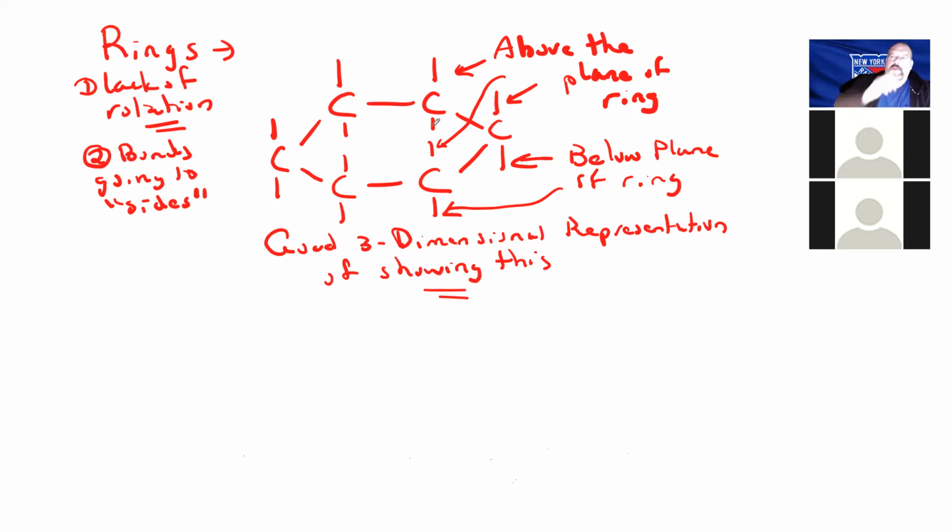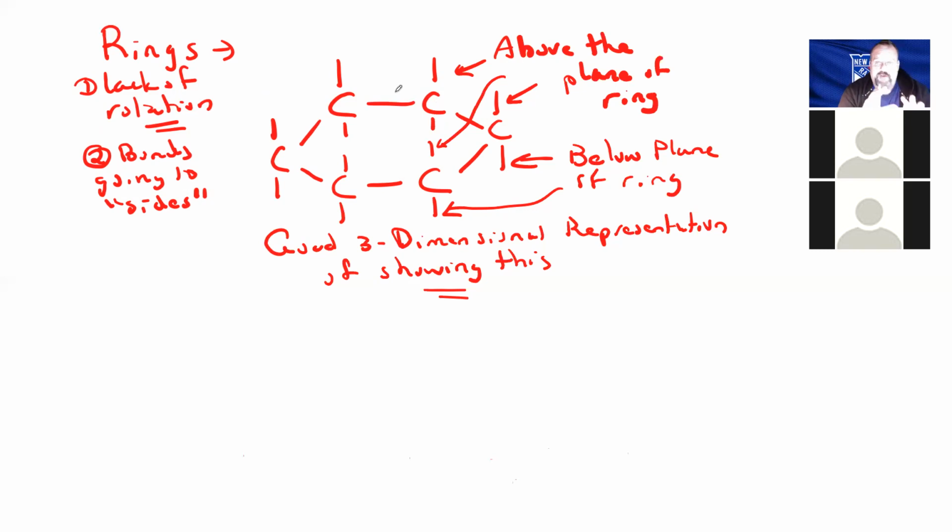So that's why you've seen in the notes in the textbook, when we've drawn these Haworth structures, we've drawn the rings like this because when we draw them in this way, it's clearer, I guess, to show the bonds going above the plane of the ring and below the plane of the ring. And keep in mind that because you have lack of rotation, if there is something above the plane of the ring, it can't be rotated so that it ends up below the plane of the ring, and vice versa.